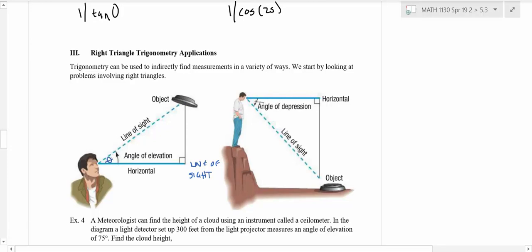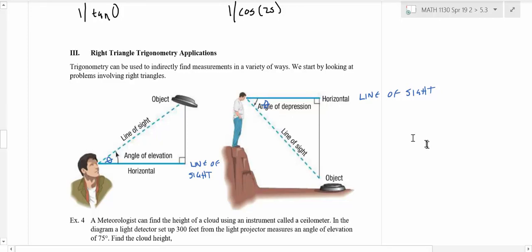The angle of depression, again, you would have your horizontal line of sight, and then you would be looking down at something, like this. So you're looking down at that object, so that would be an angle theta. Now, you're not going to use a negative angle on that just because it's clockwise. You're modeling that with a positive angle because you're modeling this in a right triangle.